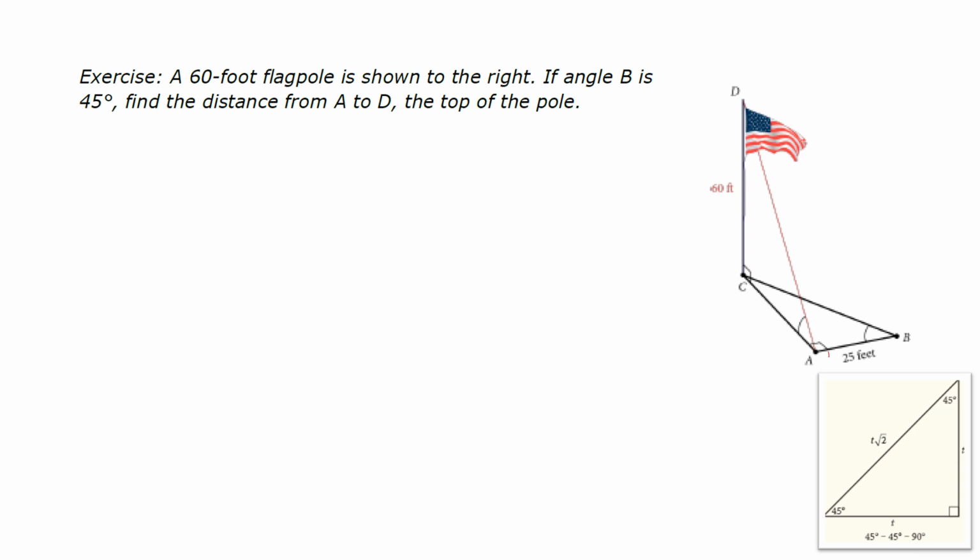We have a triangle at the bottom and a triangle on the side. Just to help us visualize both of those triangles, I'm going to draw them out. So we have a triangle here, and this is a right angle, and it's labeled A, B, C. And then we have another triangle, labeled A, C, D, and we know this is a right angle.